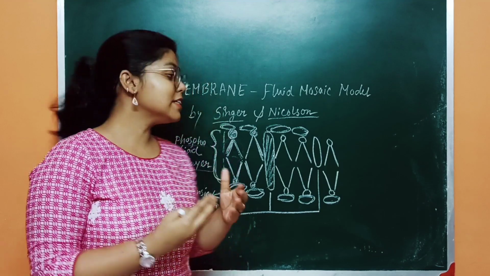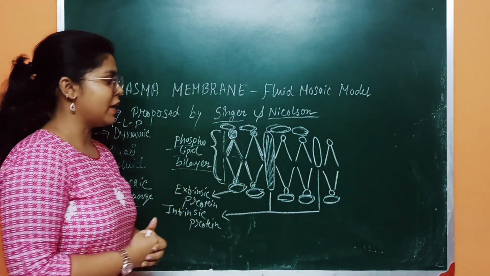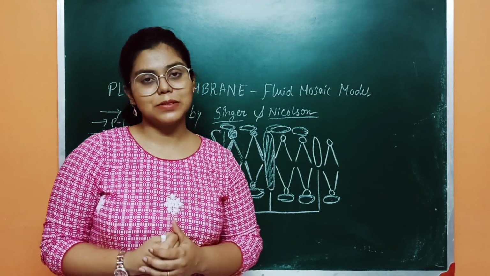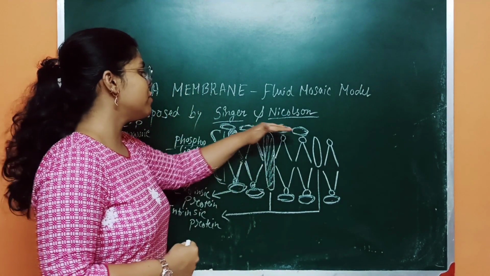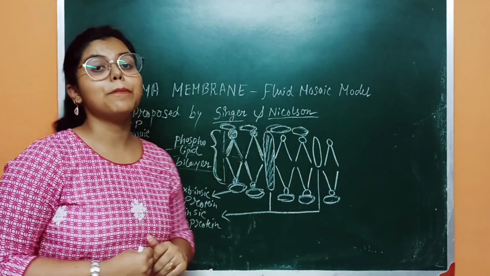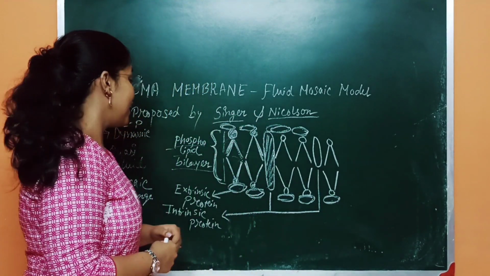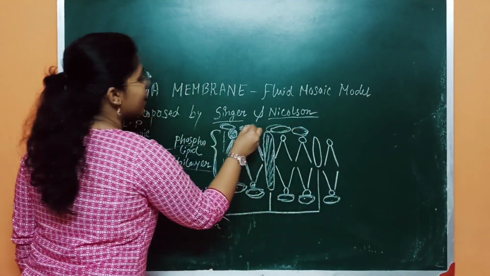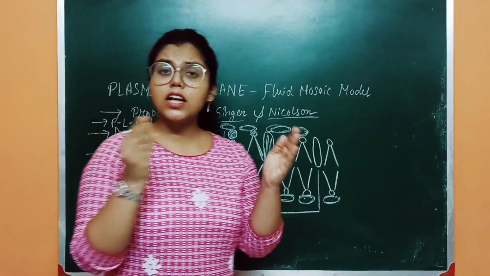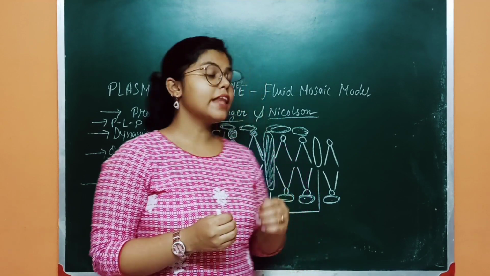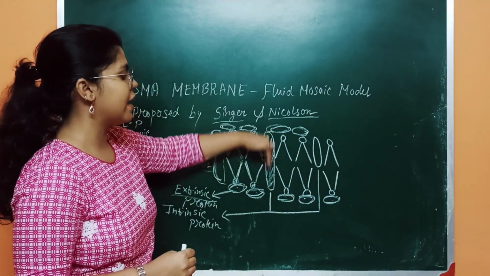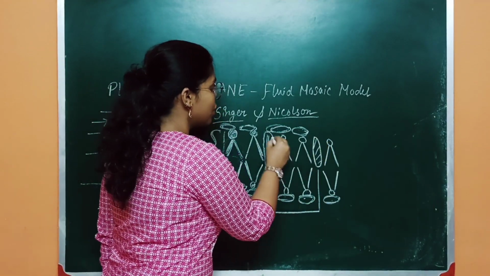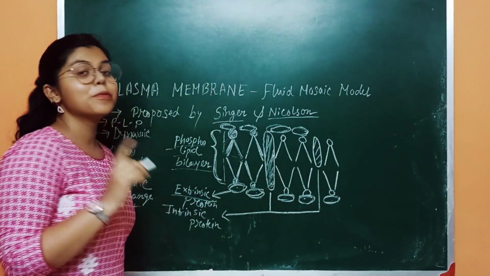So inside the plasma membrane, different types of proteins are embedded. Outside of the phospholipid layer, the proteins are known as extrinsic proteins. So these are the extrinsic proteins. And in the middle of the lipid bilayer, that means inside the lipid bilayer, partially embedded and also fully embedded proteins are present.